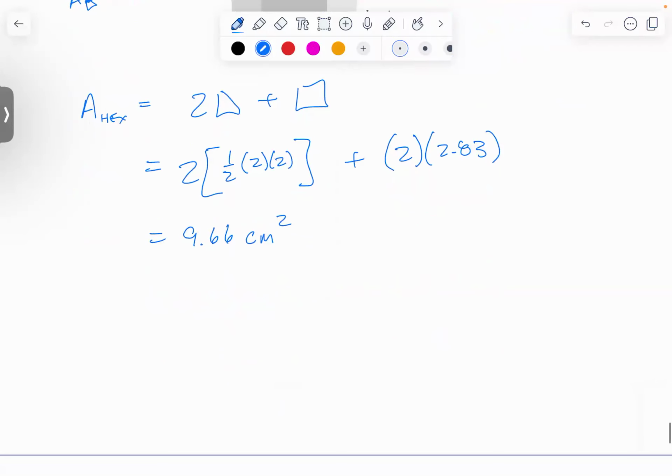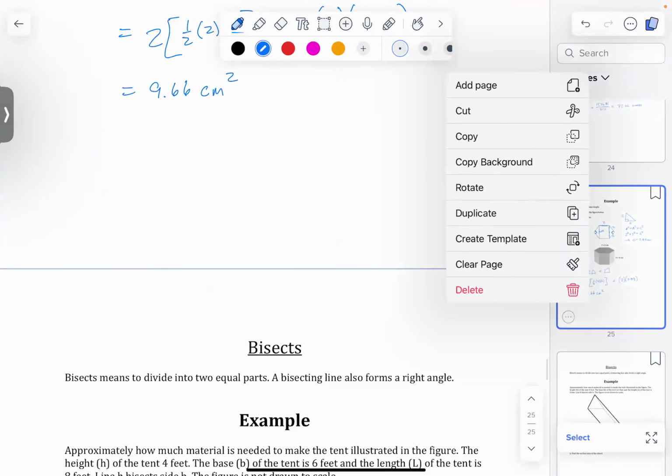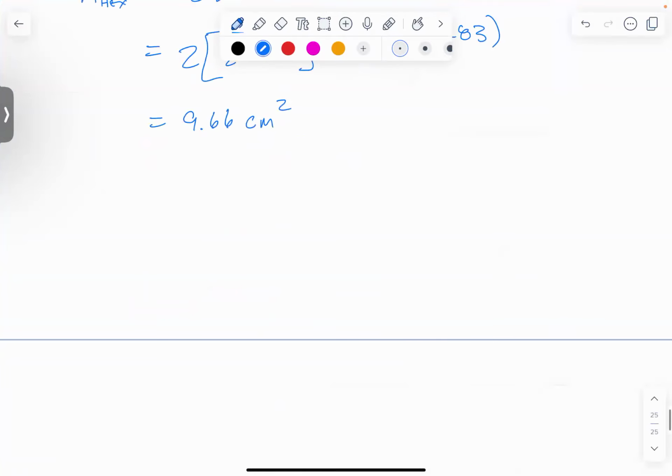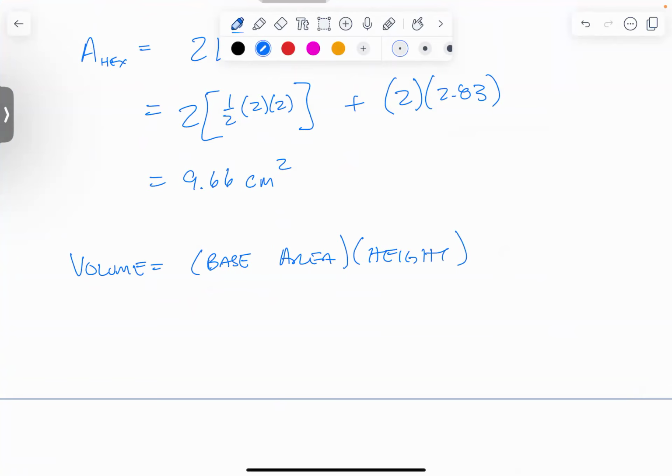Once I have that, now in order to do volume, it's actually pretty simple. Because volume is just the base area times the height.